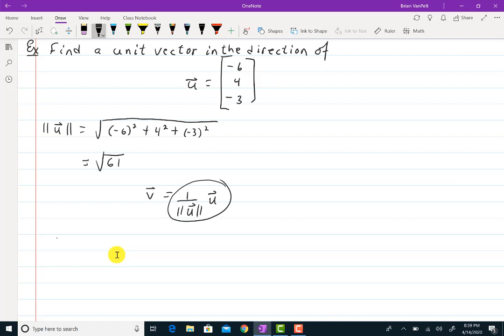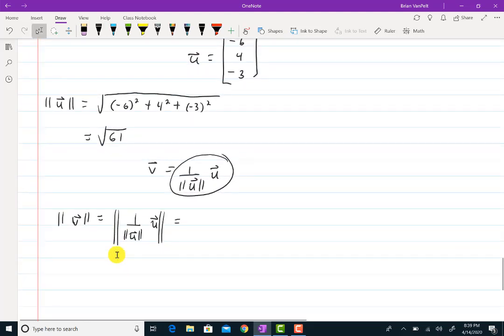Notice that if I want its norm, let's do the norm of v. That equals the norm of 1 over the norm of u times u. But remember, I said 1 over the norm of u is a real number, so I can pull it out front in absolute values.